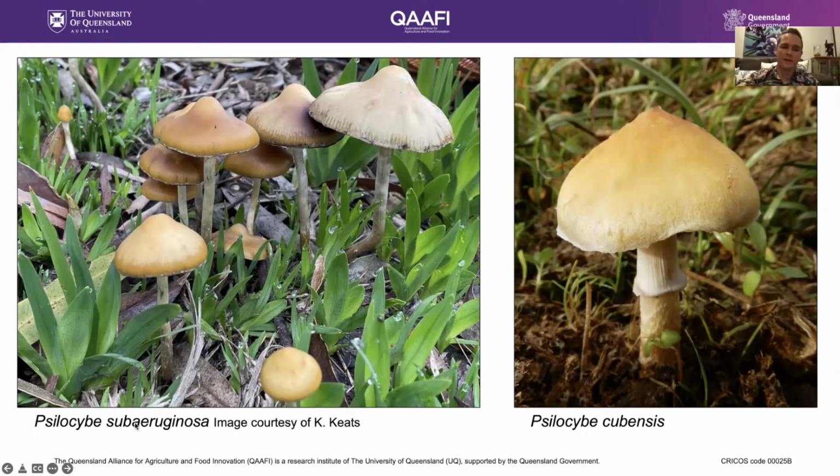So psilocybe, not subaeruginosa, but cyanescens, the one described from the Northern Hemisphere, has spread all over Europe, and it's spread through the west of the United States. I should also say that when these were described, psilocybin was unknown in Western science. The activity of it wasn't described until 1958 by Albert Hofmann, who is also the person who identified LSD, lysergic acid.